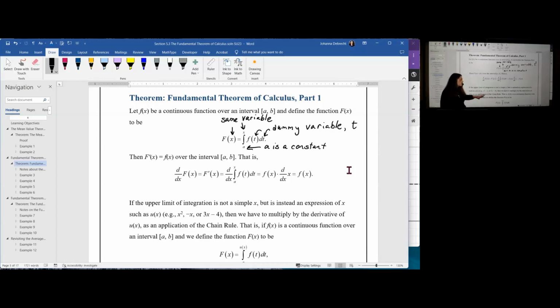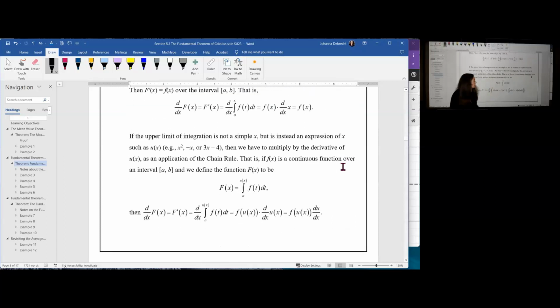That means that if lowercase f is a continuous function over the interval from a to b, and we define the antiderivative function, uppercase F of x, to be the integral from a constant value a to some expression involving the independent variable in the antiderivative function of f of t dt, then what we do instead is we take the integrand function and we go ahead and replace it with the upper limit of integration and multiply by the derivative of that upper limit of integration.